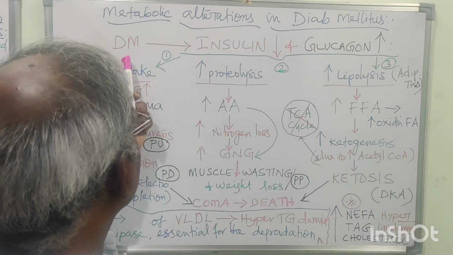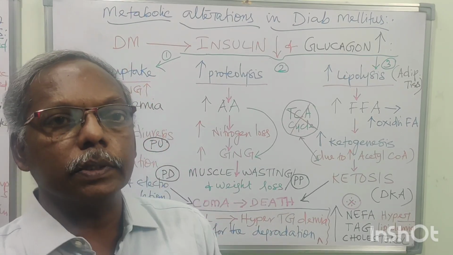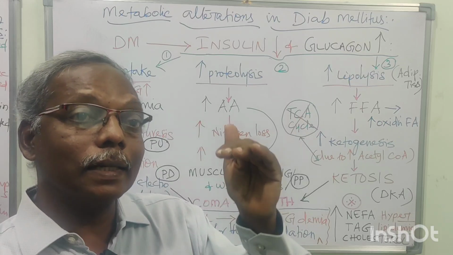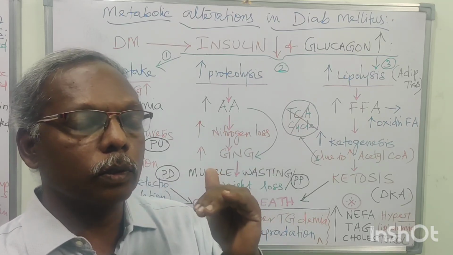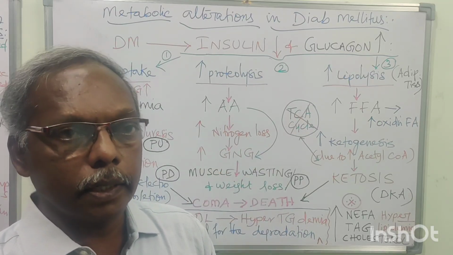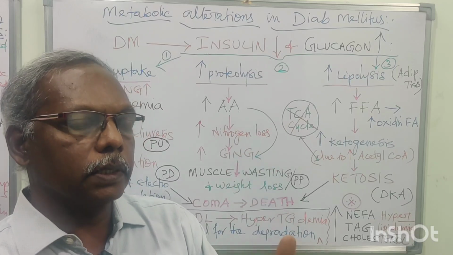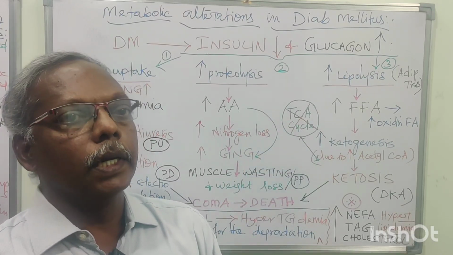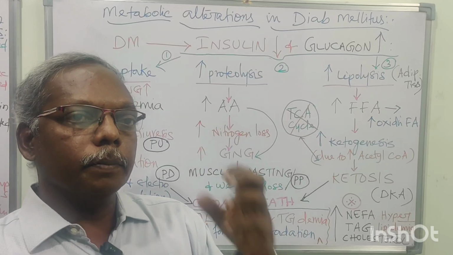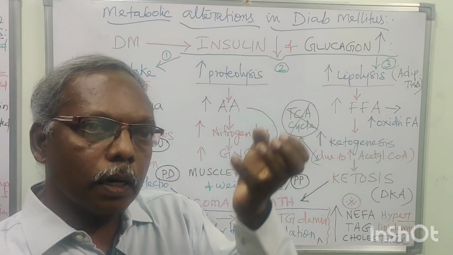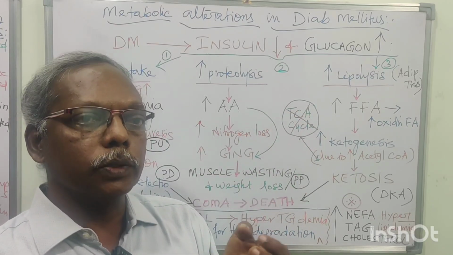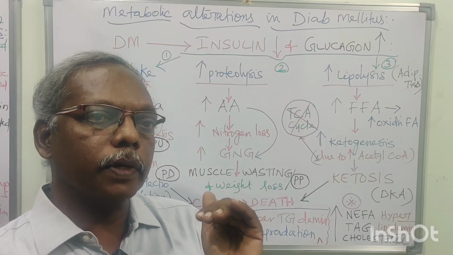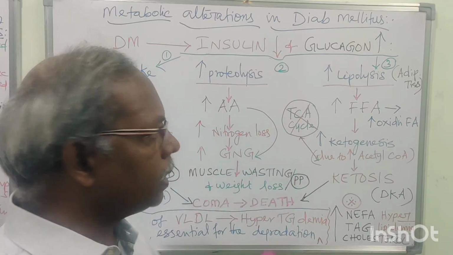So in carbohydrate metabolism, the first problem is decreased glucose uptake. Due to the insulin deficiency, the receptors are not able to pick up the glucose. That is why the muscle or whichever tissue is not able to take up glucose. So glucose uptake will be decreased, right?